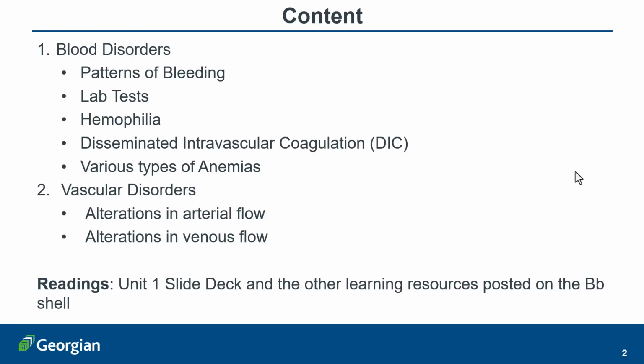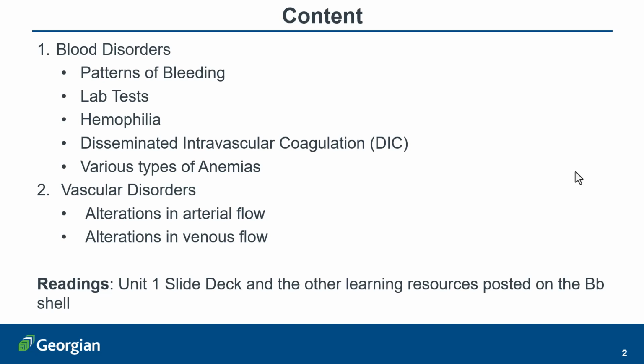In today's lesson, we'll start off with the blood disorders, specifically looking at the various types of bleeding, the lab tests that are used in order to diagnose the various blood disorders, and then we'll focus upon the specific conditions such as hemophilia A and B, DIC or disseminated intravascular coagulation, and the various types of anemias.